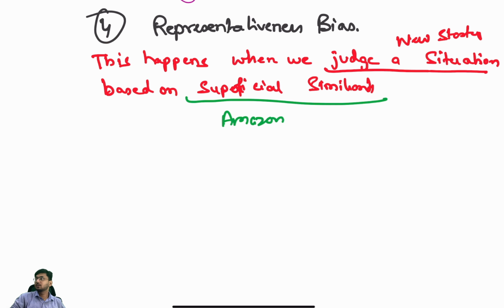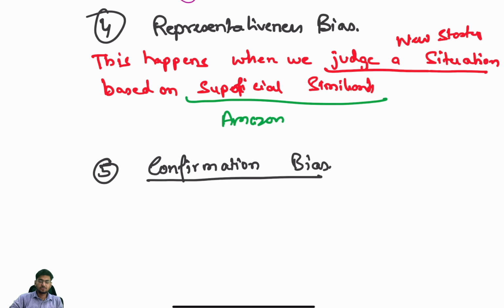Now coming to the next bias, that is confirmation bias. Give the heading confirmation bias. Now this one is a little tricky. Basically you form an opinion first, and then you seek the information that supports it.